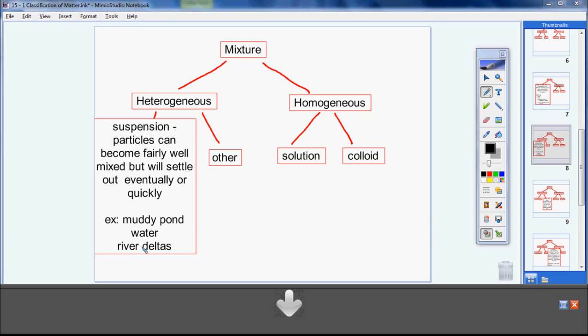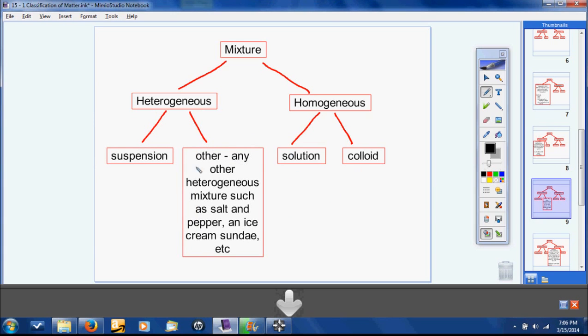Okay. And if you're kind of thinking, I wonder if such and such is a suspension or not, you can ask me when you see me on Monday. Okay? I want to take a look at this other category, even though it's not technically really its own category. That's any other heterogeneous mixture, such as salt and pepper. If you mix salt and pepper together, you're going to have a heterogeneous mixture.